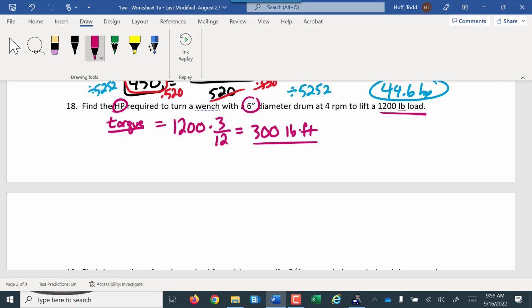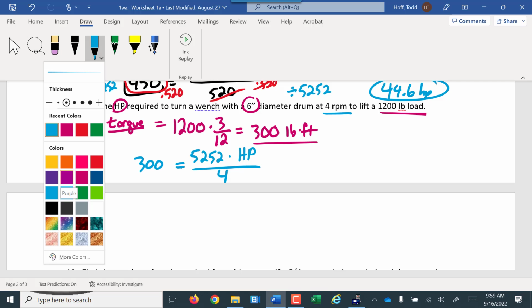Now we need to find the horsepower. Well, it's the same formula we're using up here. It is the torque, 300 pound-feet, equals 5,252 times the horsepower over 4 RPM.